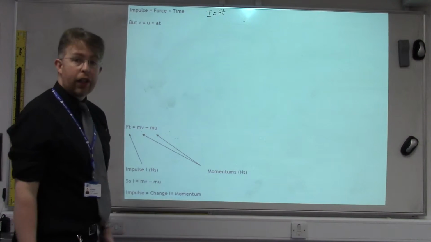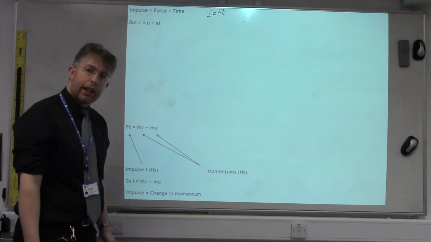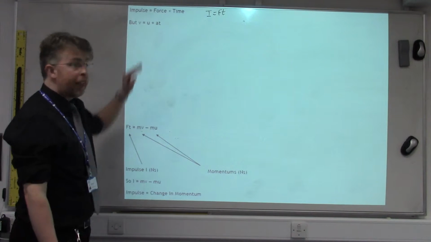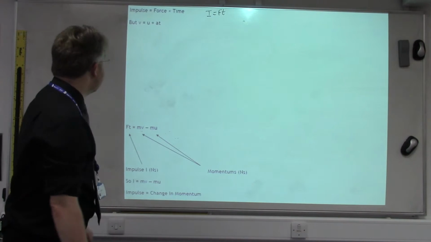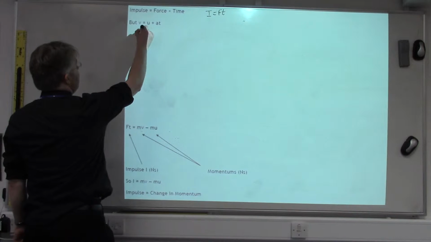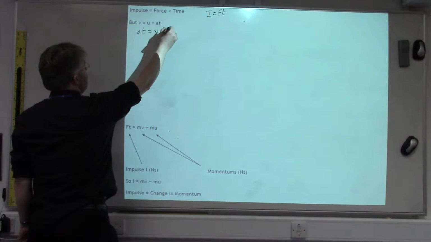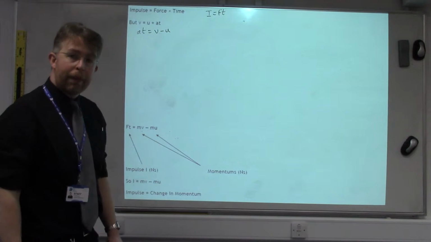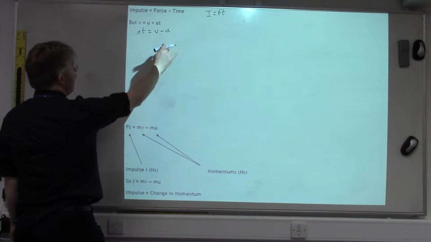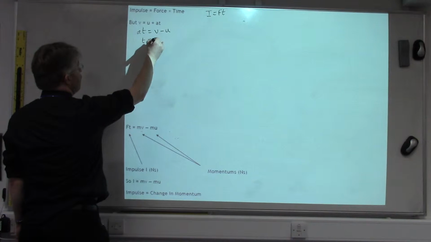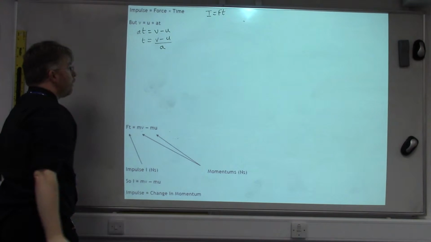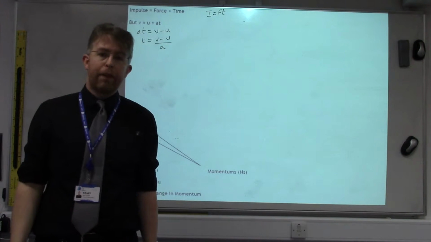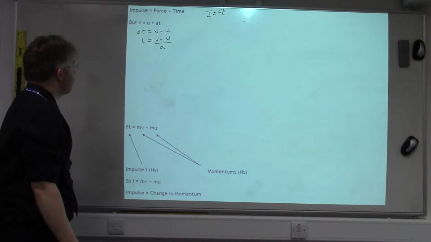Now, from the constant acceleration equations, the SUVAT equations, v is equal to u plus at. Now we can rearrange that to t equals. So at is equal to v minus u, divide by the a, t is equal to (v minus u) over a.